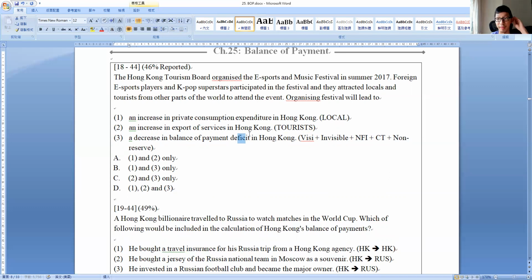Okay, in fact, I think in Hong Kong it's actually not a deficit. We're having a surplus. Okay, so for these 2 reasons, number 3 is wrong. 係咪兩個原因錯啊？Okay, so 1 and 2 only. 好嗎？1 and 2 only.